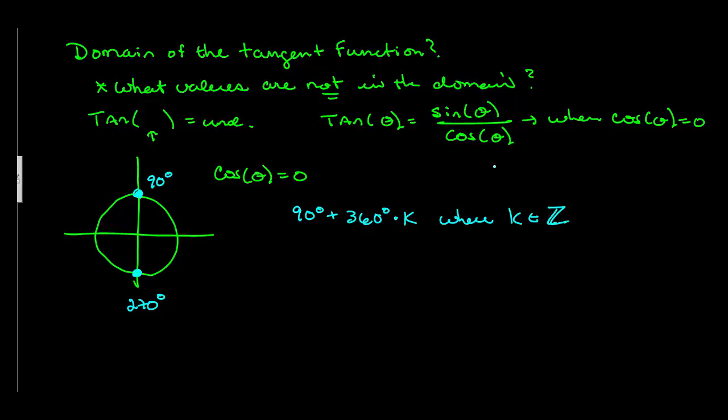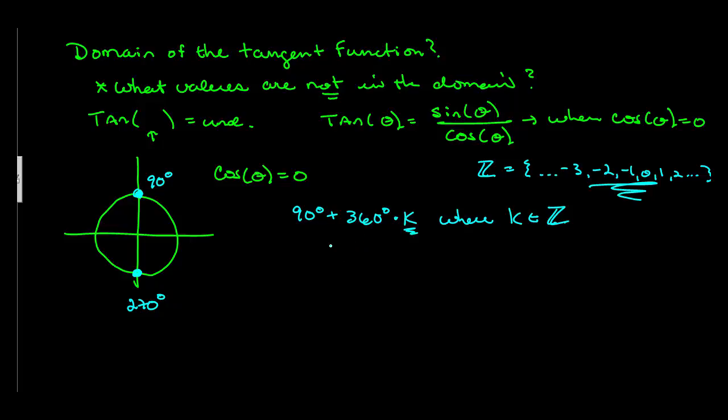That means k is a number. So remember, the integers, that's the set of values that go in that. So if you plug in any of these values for k right here, those will be the values that don't work.